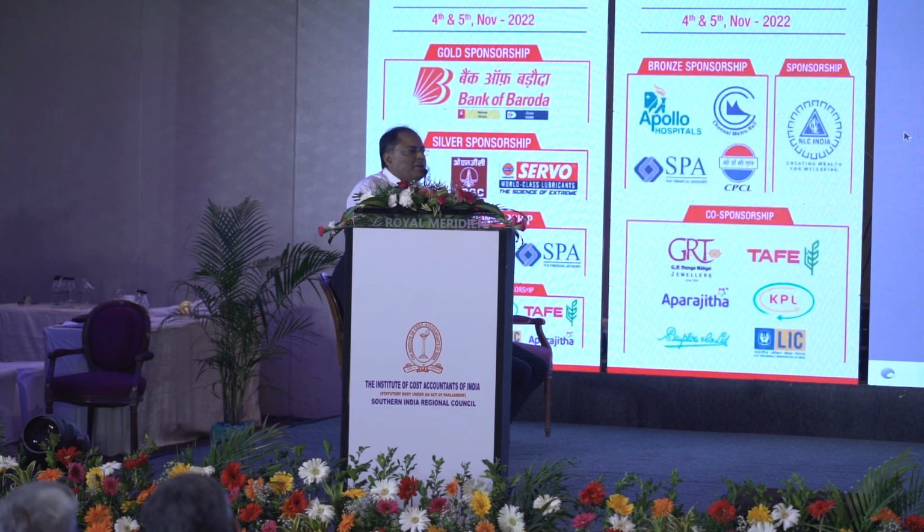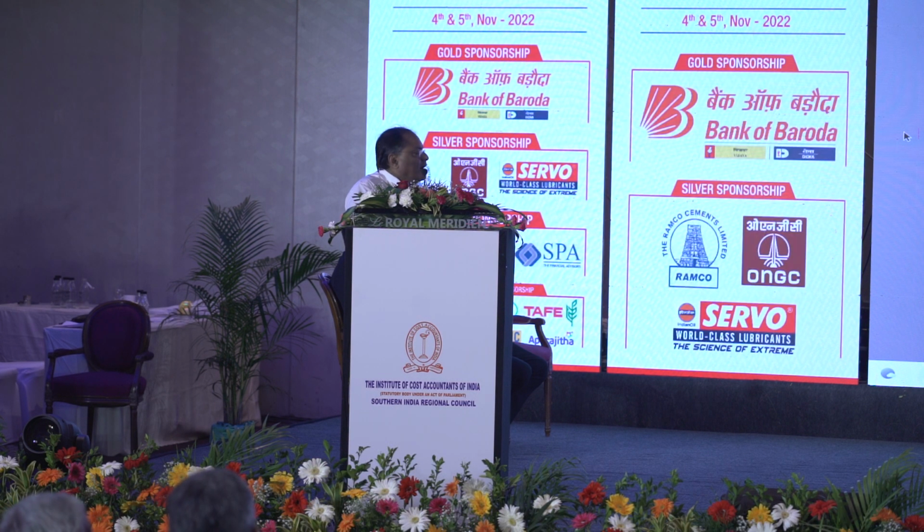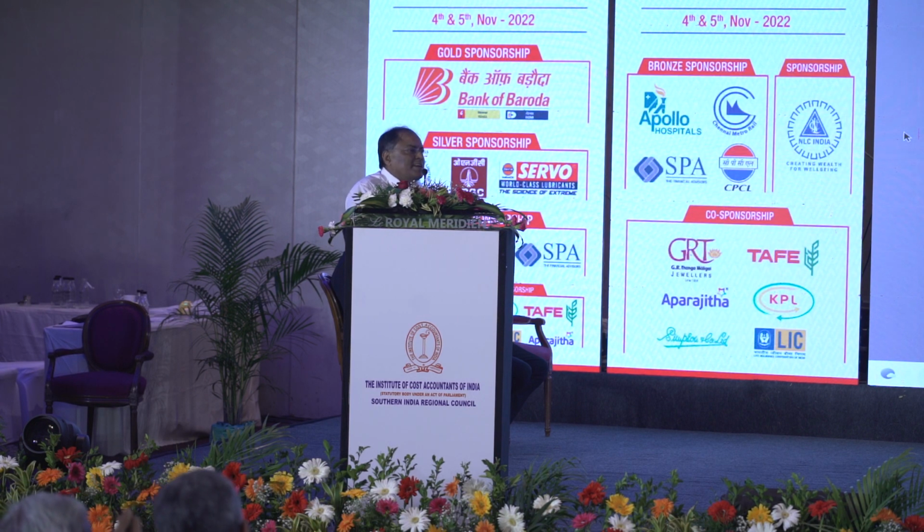So the continuity of care will not be the same for the patient. The diagnosis sometimes may get delayed, and by the time the disease would have aggravated. And after getting the surgery or treatment done, the patient will go back to his native place, and the continuity of care will be in the hands of different entities and different doctors. So this is one challenge which is being faced by healthcare organizations.